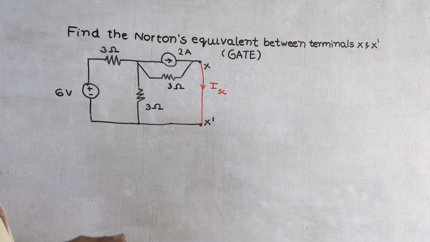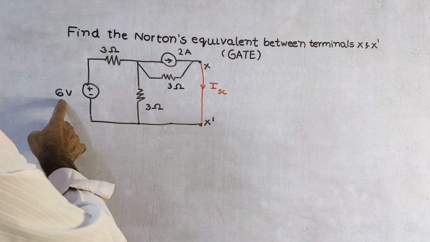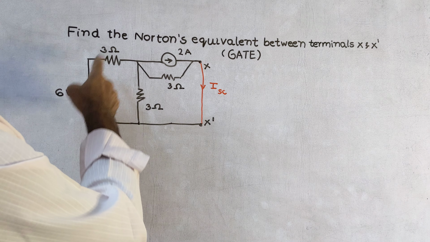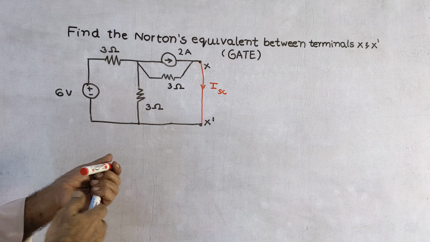For that, first I will transform the voltage source to a current source. 6 volts divided by 3 ohms gives a 2 ampere current source in parallel with 3 ohms.